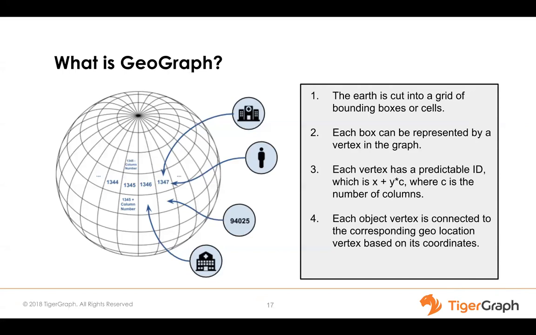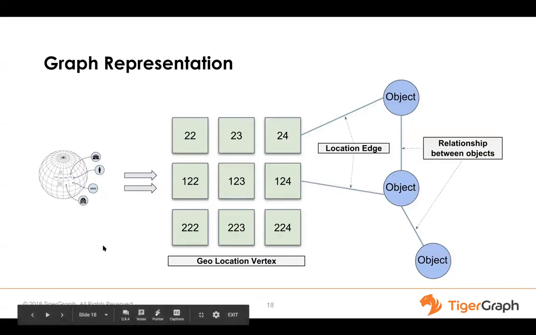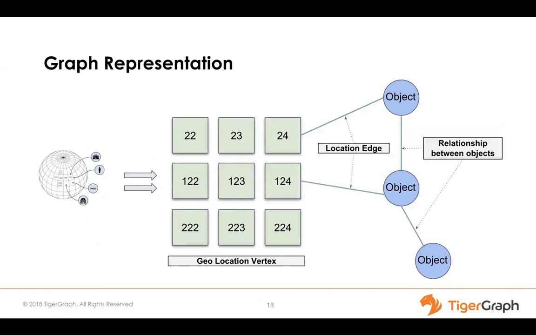This is a graph representation of how we construct the graph based on the geolocations. On the left-hand side, those green squares are the geolocation vertices. Based on the location of your object, you can connect an edge between your object and those geolocation vertices.